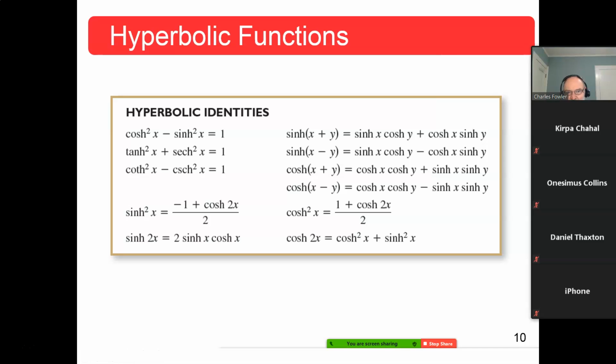Remember, because of the difference there, the thing that looked like this with trig functions came out being cosine of 2x. That's not the same here. And then the difference in those two would then be the opposite sign here.